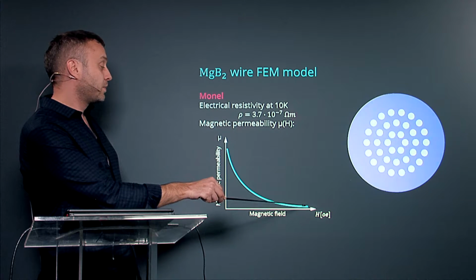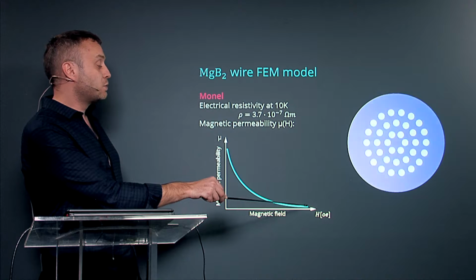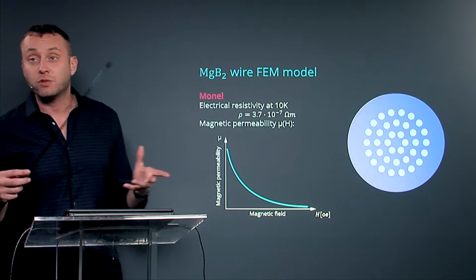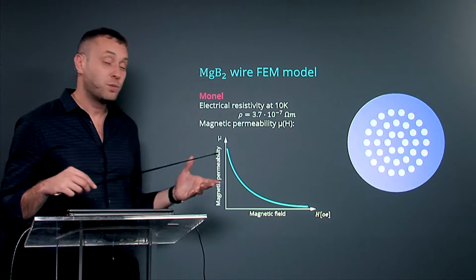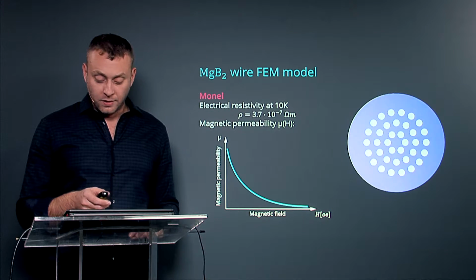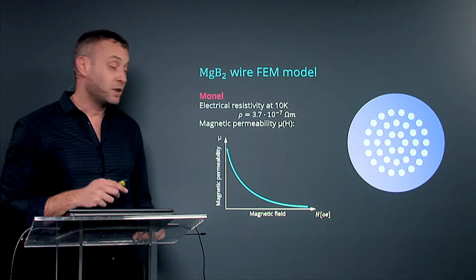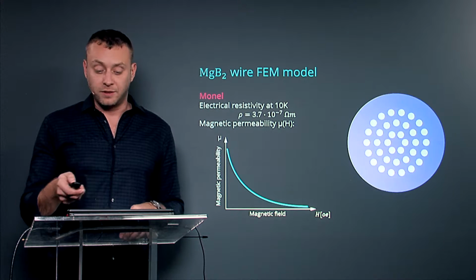At this point is called magnetic saturation. At this point, the magnetic material performs as a non-magnetic one, more or less. It loses its ferromagnetic behavior. That's an important point. You will see it later, in a minute.